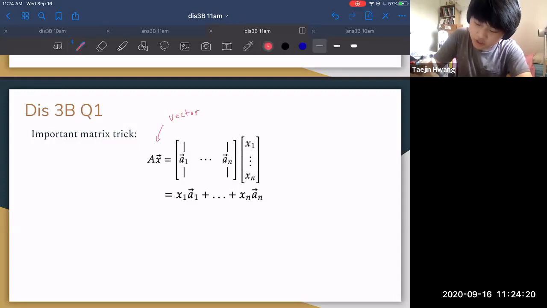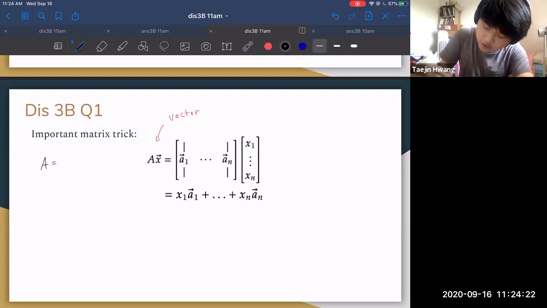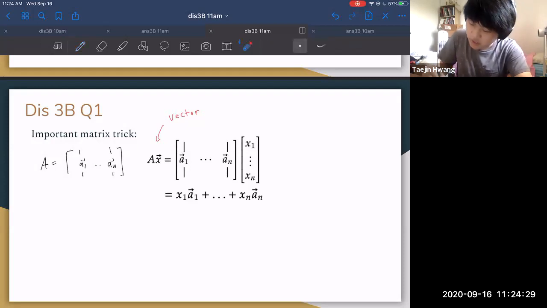But more importantly, this vector AX can be written as a linear combination of the entries of the vector X. So you can write it as a linear combination of the columns of A, where the xi's are the scalars.